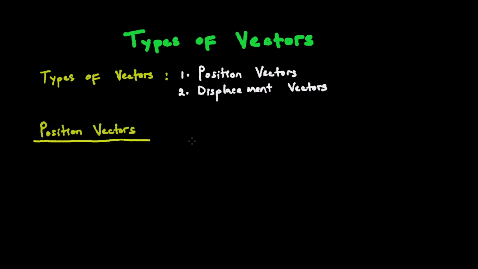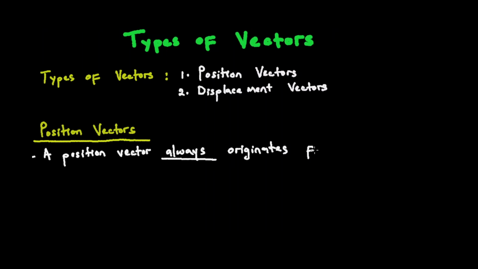So when we look at position vectors, what exactly are we considering? We are saying a position vector always, and I want you to underline the term always, originates from the origin.